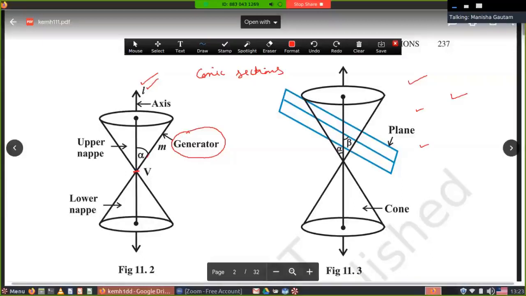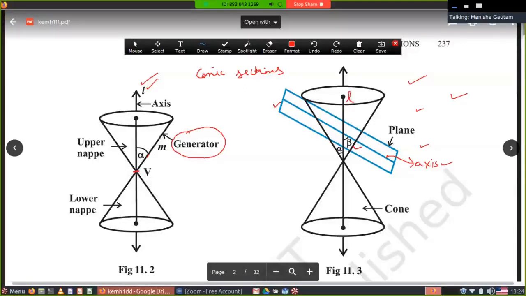Here is one plane which is given to you. Suppose that is a plain paper which is cutting a cone. As you see here, this one is the axis of the plane. The axis of the plane and the axis of the cone L, both are making angle beta.